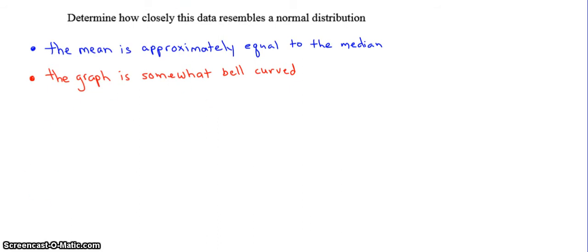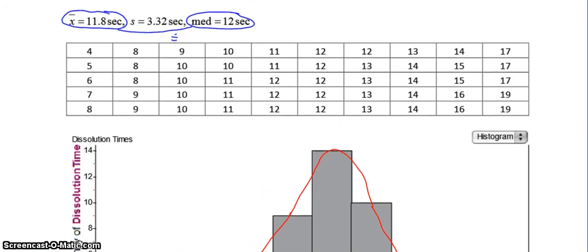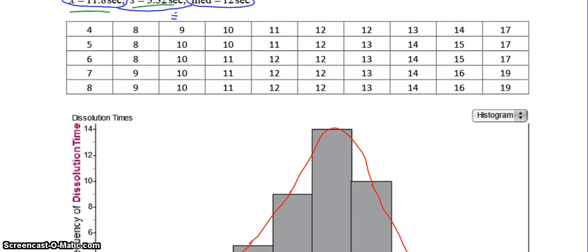The third characteristic is what takes a little bit of calculation because we have to look at that 68 to 95.5 to 99.7 ratio. So we're going to come back up here and make note of the mean and of the standard deviation.